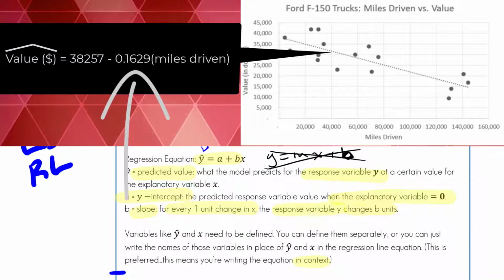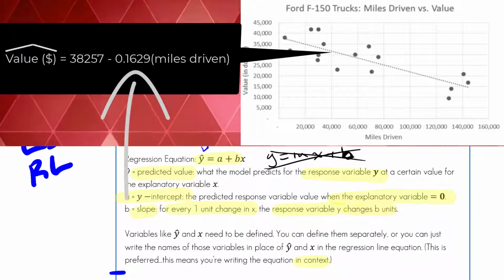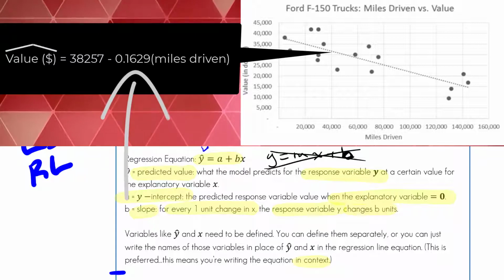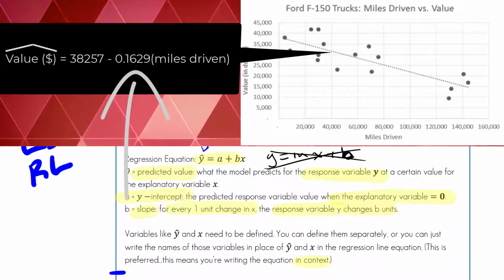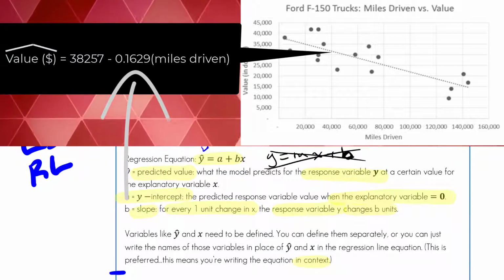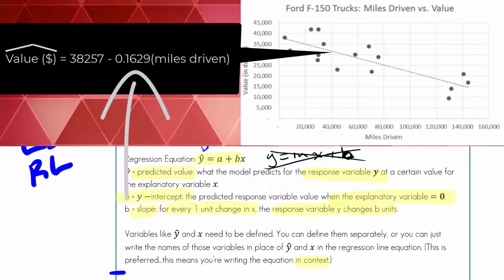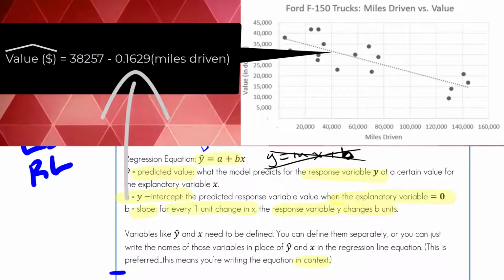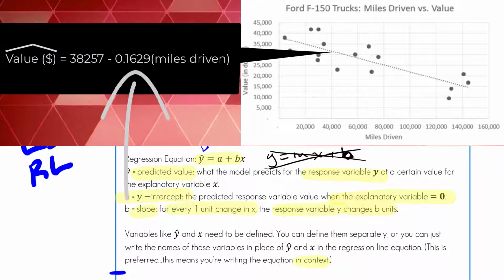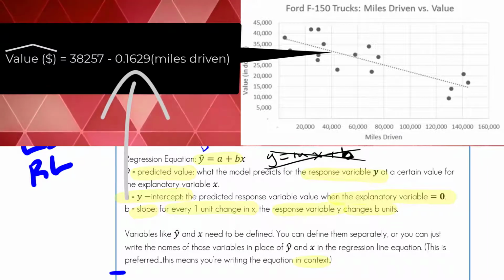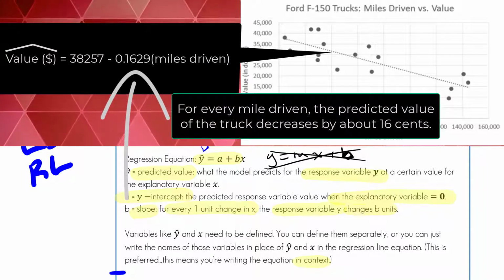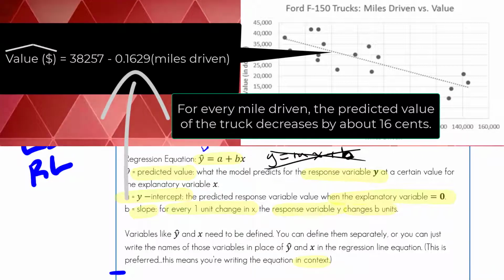So what this tells me, if I try to interpret this in as much context as I can provide, for every additional mile driven on this truck, or on a Ford F-150 truck like these, I predict the value will go down by 16 cents. For every additional mile driven on a truck like this, its price will drop by 16 cents.